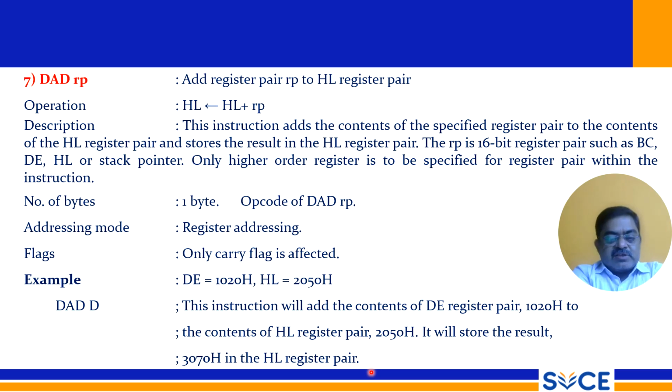Next we have the subtraction instructions. Subtraction is similar to addition, and we are going to discuss it now. There are 6 instructions. DAD RP is not required for subtraction, only 6 instructions, very similar to that.